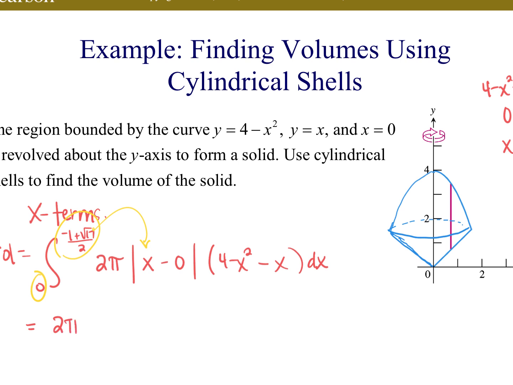So the best way to write that is to pull the 2 pi out to the front, give your irrational bounds, and then distribute the variable x. So 4x minus x cubed minus x squared. So if they say write but do not solve, you have it written, you just don't have it solved all the way, which is fine.